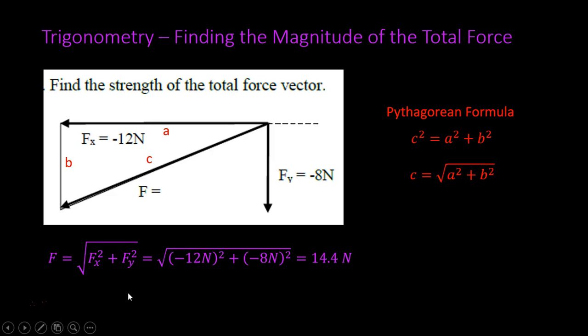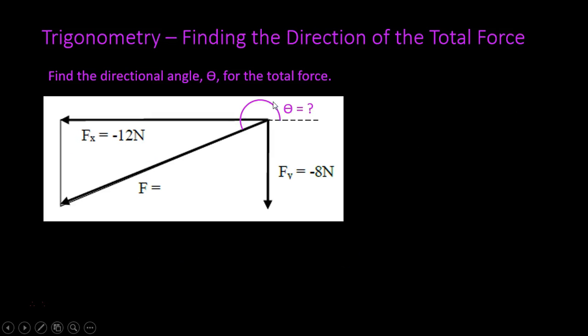With trigonometry, we can also find the direction of the total force. This is the same force that we had before, and now it's asking us to find the directional angle theta for the total force. So we're asked to find this angle. Let's look at a new trig function called tangent theta.